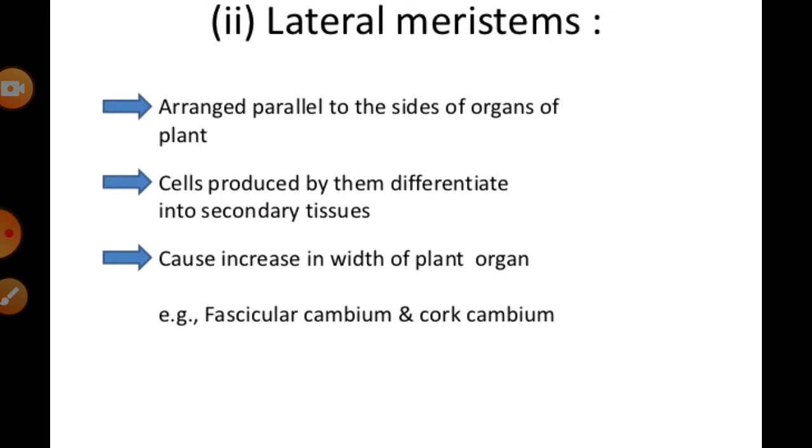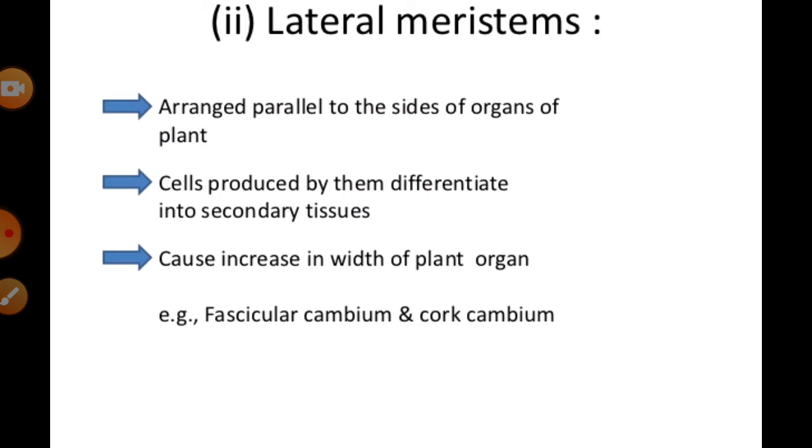We can say these lateral meristems are capable of producing the woody axis. They appear later than the primary meristem, so they are also called the secondary meristem. As well, we can say they are the cylindrical meristem.